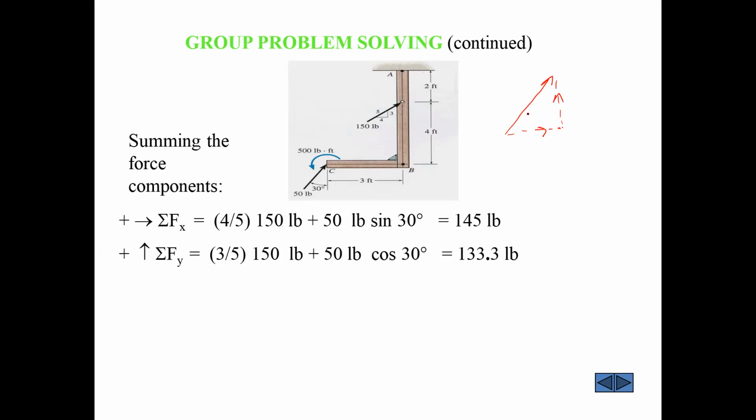So this is a 5-4-3 triangle, and this is the 150 going up. So what's the angle subtended here? If we want to make life easy, we can just find it. The cos of the ratio 4 to 5 is 4 divided by 5, 0.8.